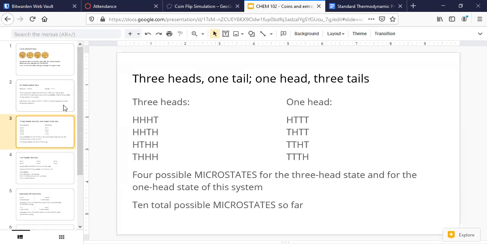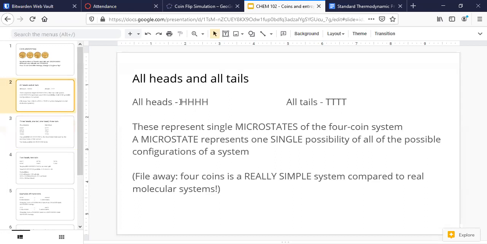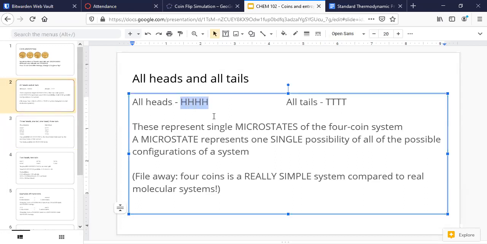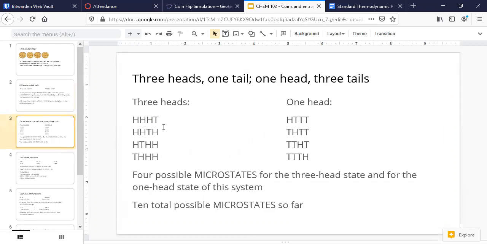Back one real quick. Here's 1 microstate, all heads. Here's 1 microstate, all tails. Back to where we were.